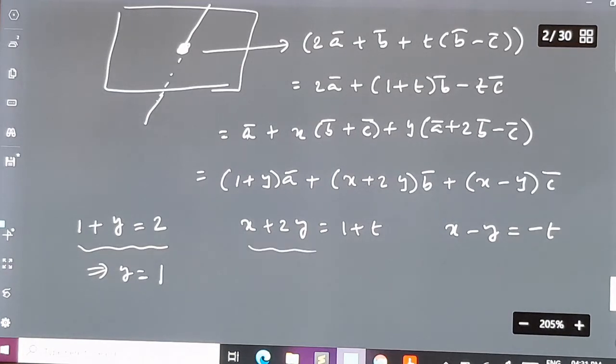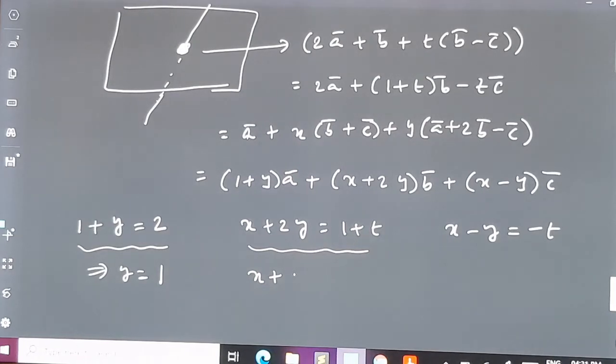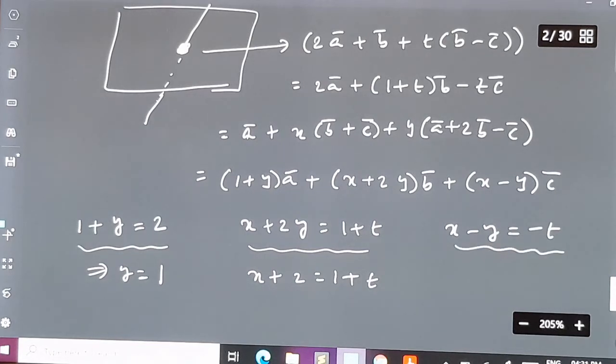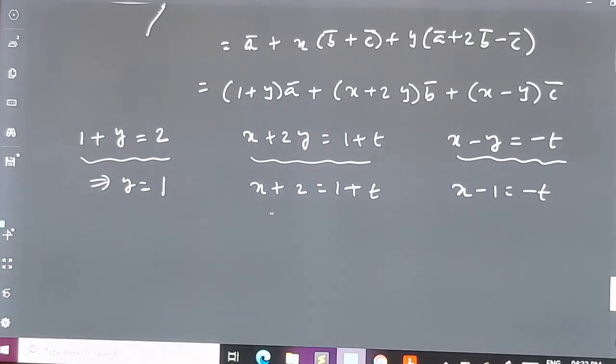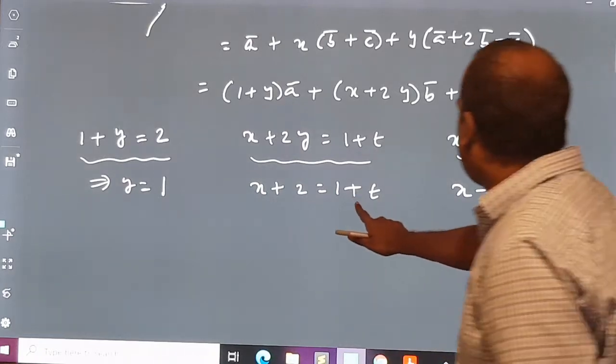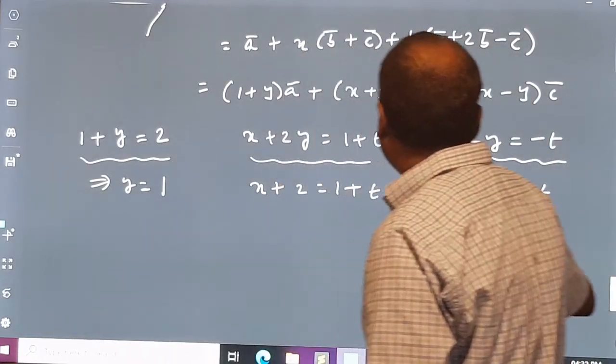Using that y value over here, I have x plus 2 is equal to 1 plus t, and also using it here I have x minus 1 is equal to minus t. Now I solve these two equations for x and t.